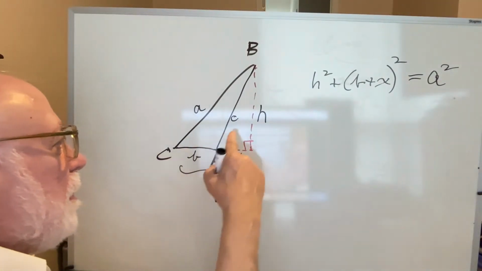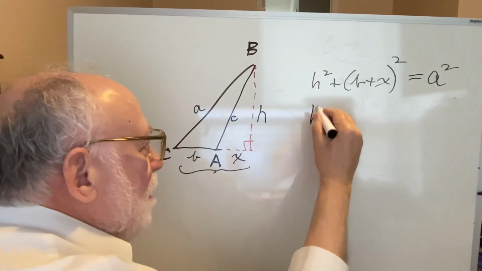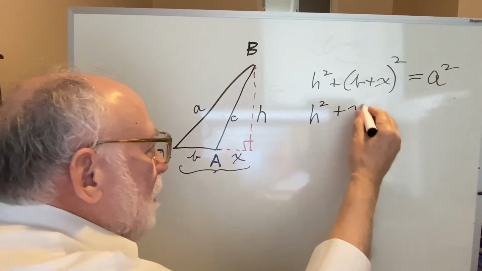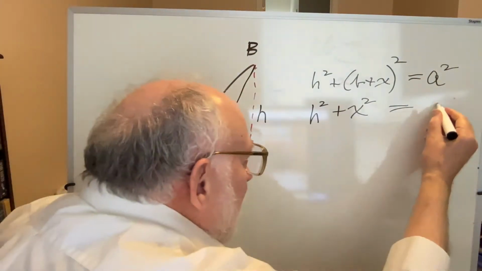And now we look at the little red triangle on the right, and we get h squared plus x squared. That's going to be c squared.